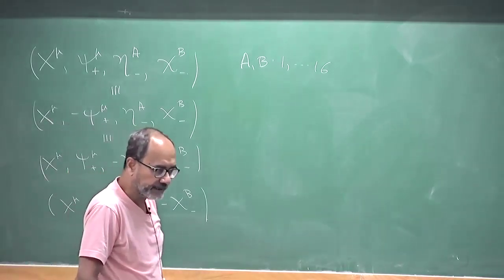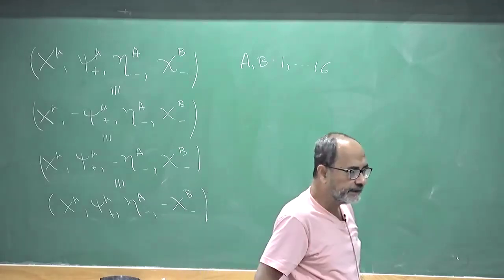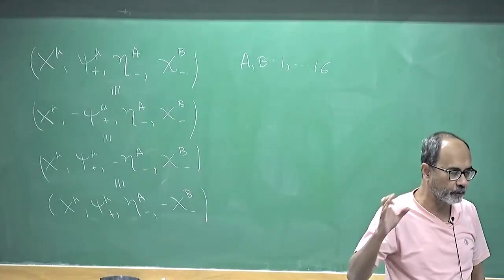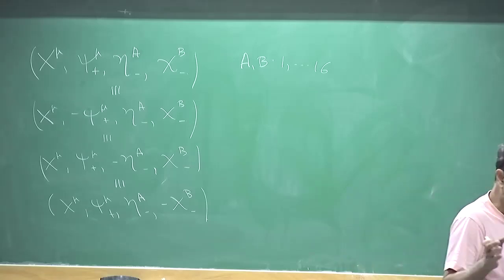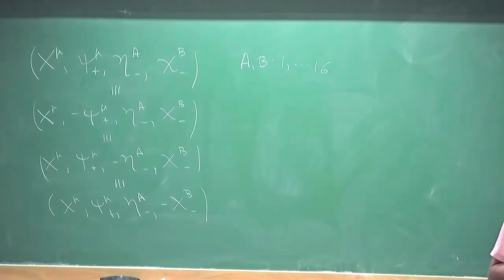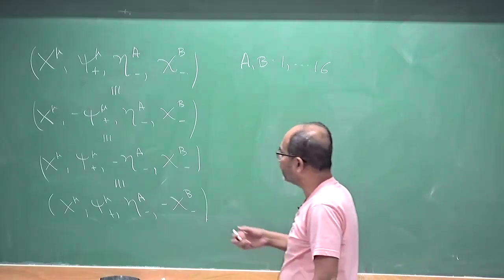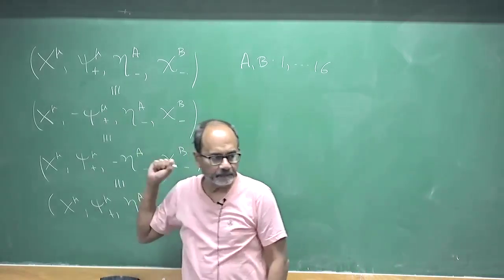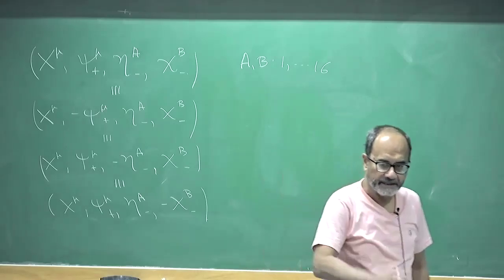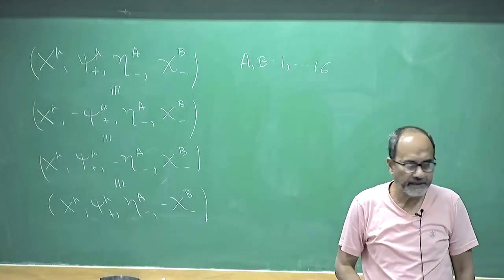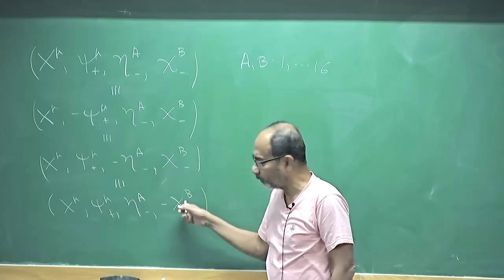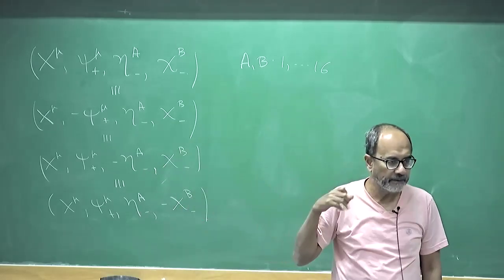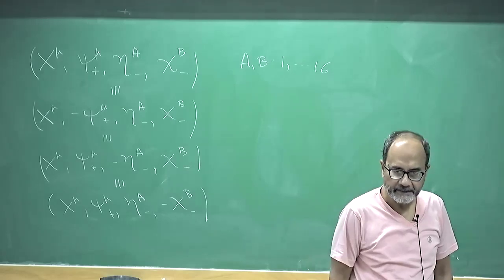So there will be 8 sectors, and there will be 3 separate GSO projections. One on the right sector, which says that all states have to be invariant under this transformation. And on the left sector, all states have to be invariant under this transformation as well as under this transformation, where you can change the sign of eta and the sign of chi.